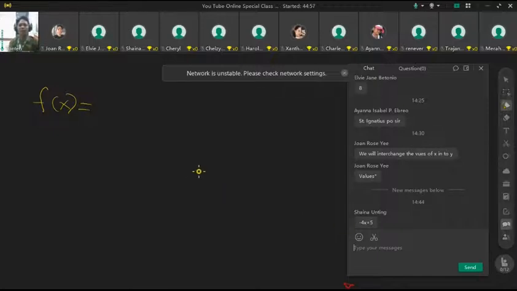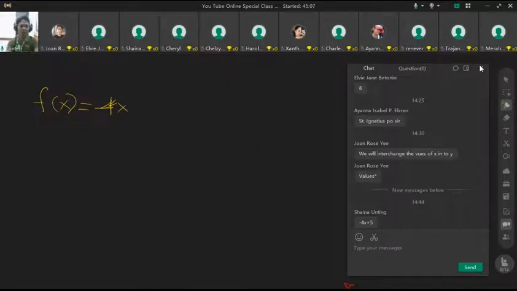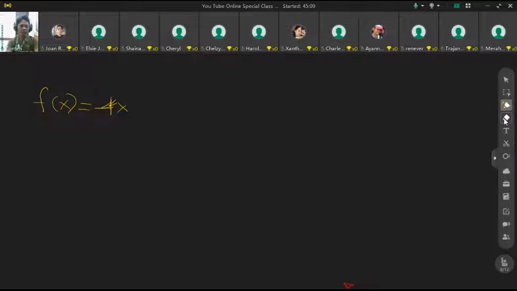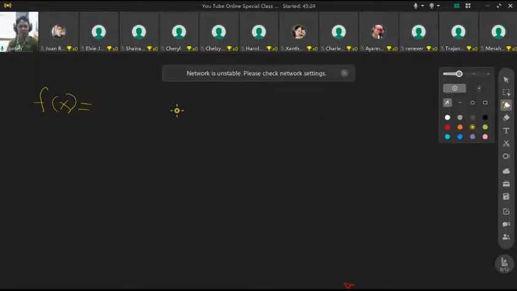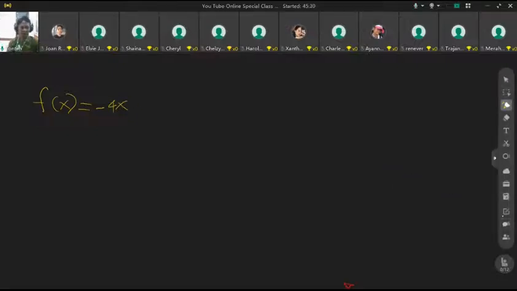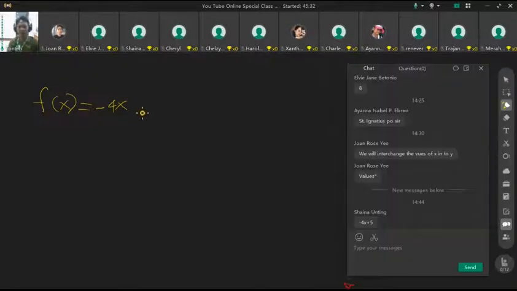Shaina, yes, correct. F of x is equal to negative 4x plus 5.